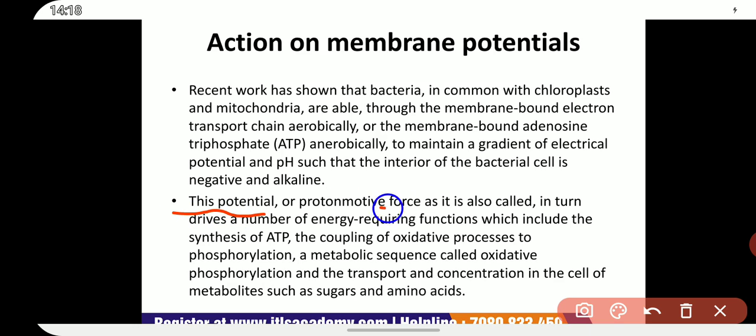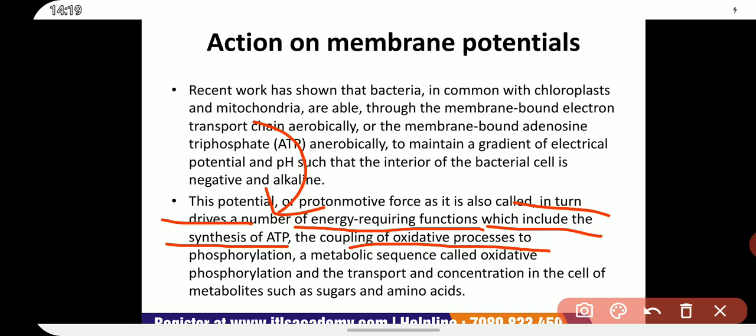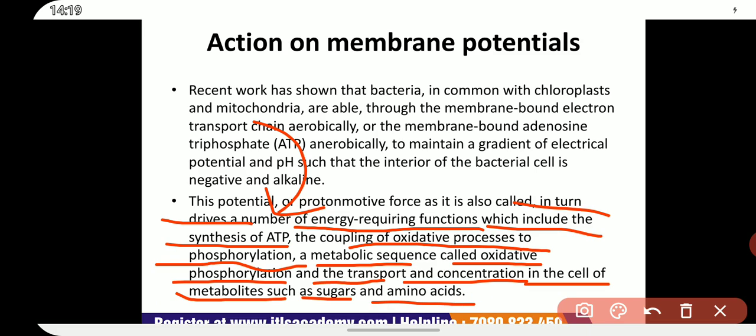This potential, also called proton motive force, in turn drives a number of energy-requiring functions, which include the synthesis of ATP, as we know that mitochondria is responsible for the synthesis of ATP, the coupling of oxidative processes to phosphorylation, a metabolic sequence called oxidative phosphorylation, and the transport and concentration in the cell of metabolites such as sugars and amino acids.